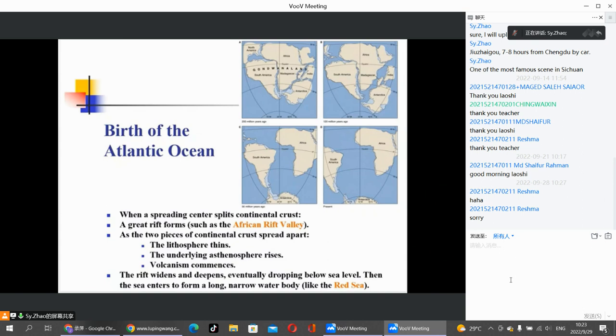As the two pieces of continental crust spread apart, the lithosphere becomes thinner, the underlying asthenosphere rises, and volcanism starts up on Earth. The rift widens and deepens, eventually dropping below sea level, and then the sea enters to form a long, narrow water body like the Red Sea, which I introduced in the last class.